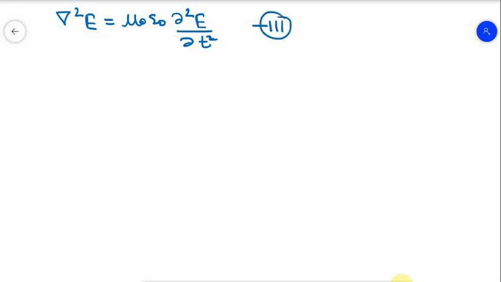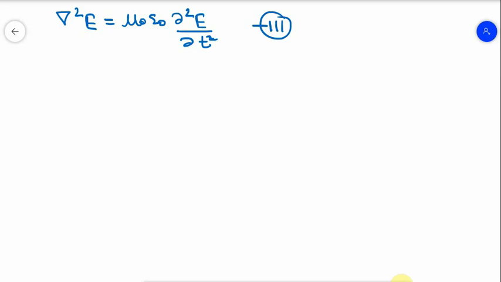So let us expand this third equation. What is our third equation? Our third equation is del 2E equals mu 0 epsilon 0 del 2E upon del t square. Okay, this was our third equation, yes or no? So we have to expand this del 2E.